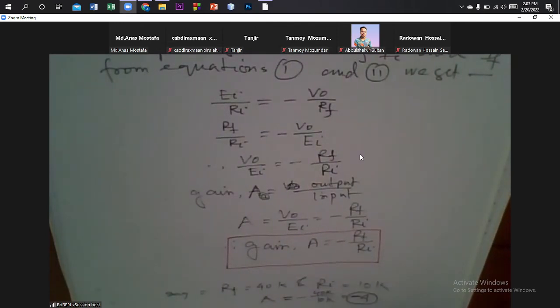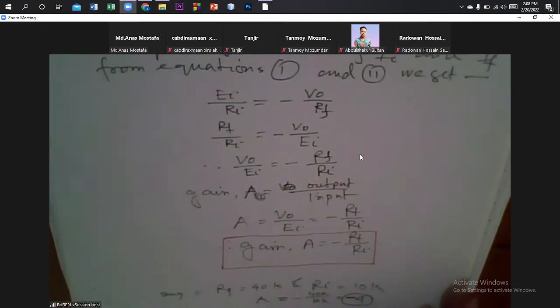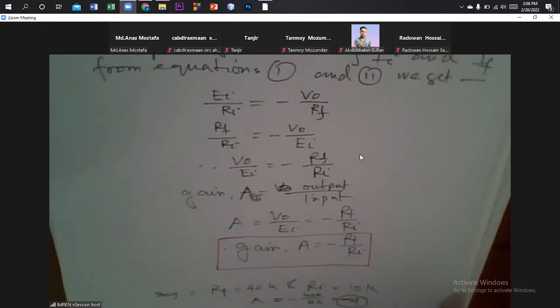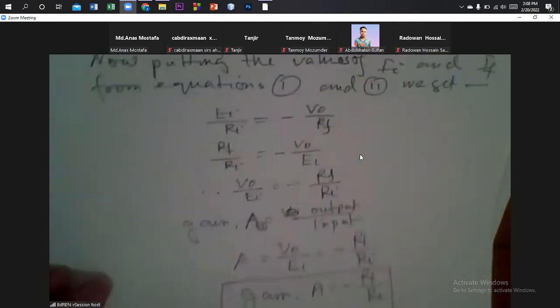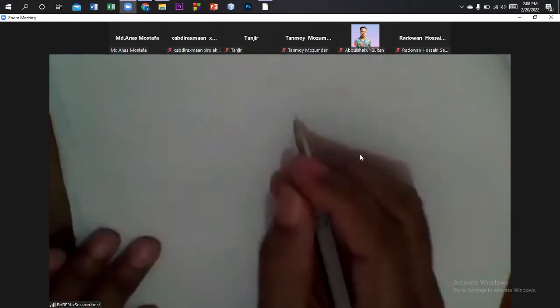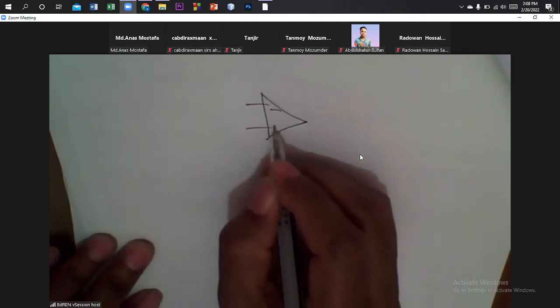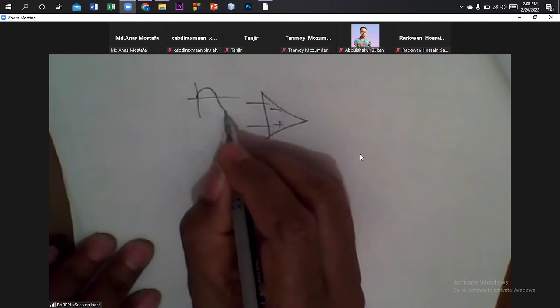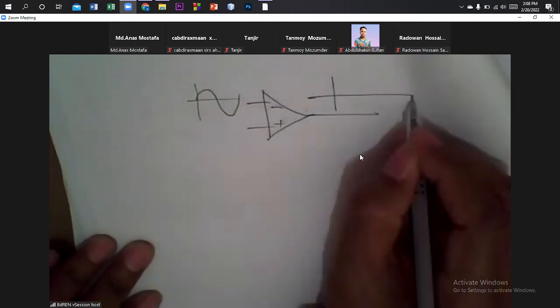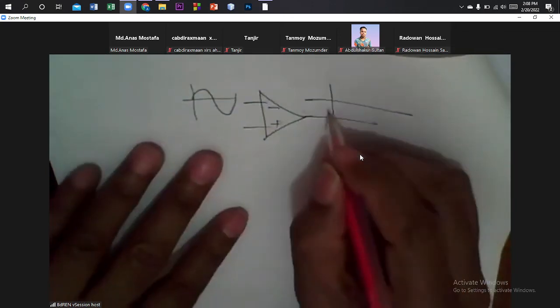Because it is a feedback, minus terminal. We know that when the output is inverted, we have given the input at the inverting terminal. If we give input at the inverting terminal, the output will be inverted.